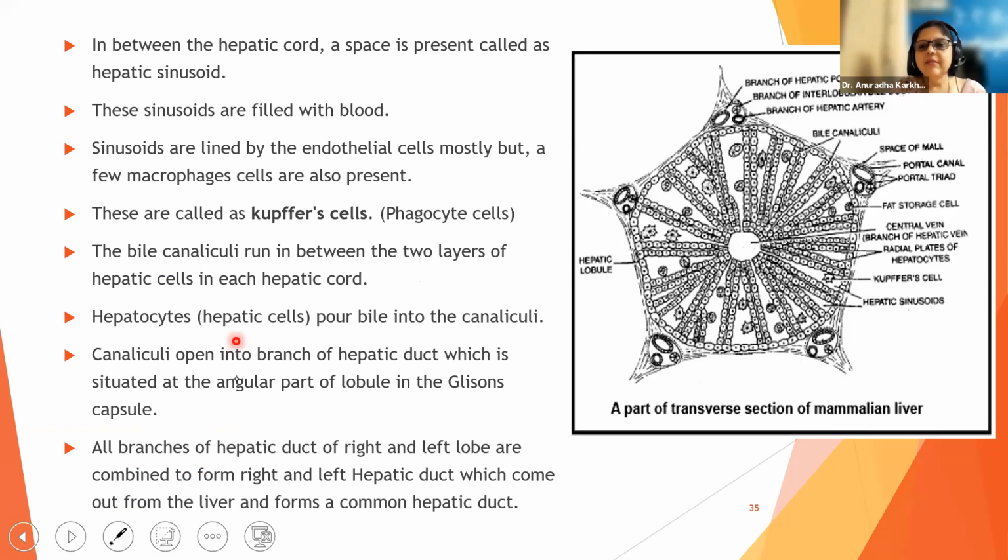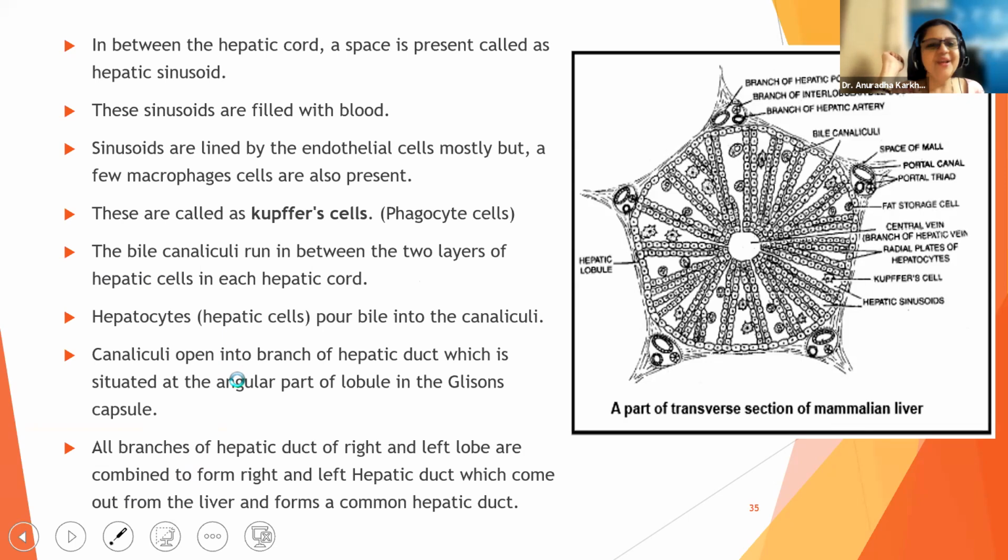Well, so here you can now see that particular thing very clearly. Now you understood where the bile canaliculi is, which I drew. Because someone had asked me where the bile canaliculi is. Now you got it. That is why I have drawn it separately, because in the diagram it cannot be figured out.